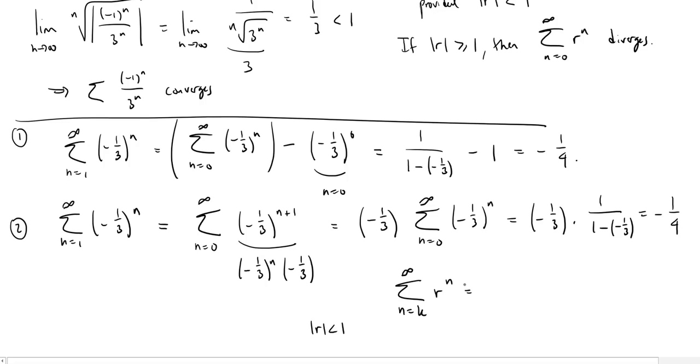Then you can pull that extra r to the k outside. And so you end up with r to the k over 1 minus r. All right, so if you have that formula, you can jump right to it in this problem.